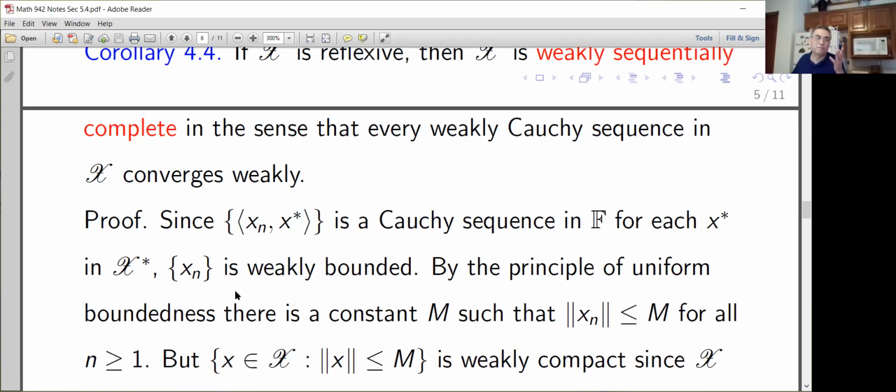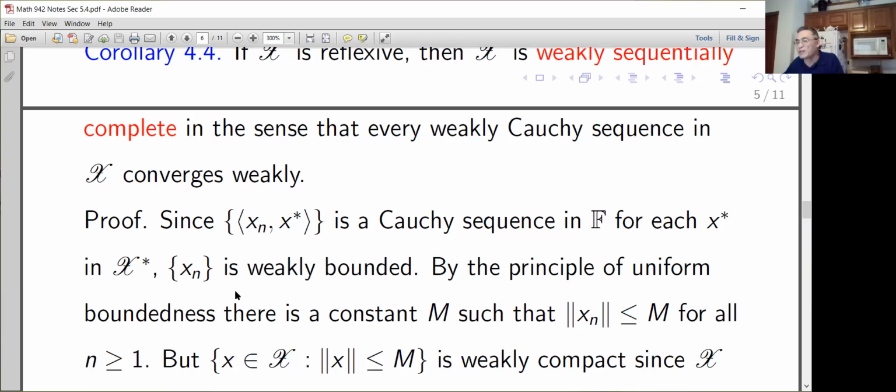We didn't use these terms when we stated the principle of uniform boundedness, but that principle is just this: if it is weakly bounded, then it is norm bounded.